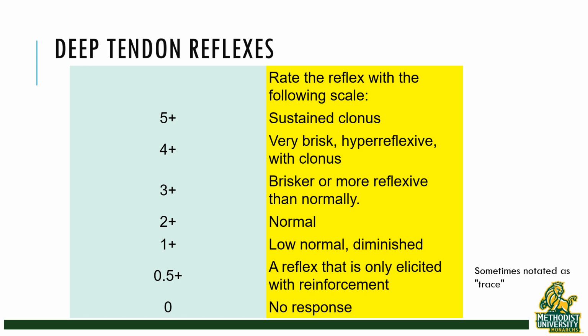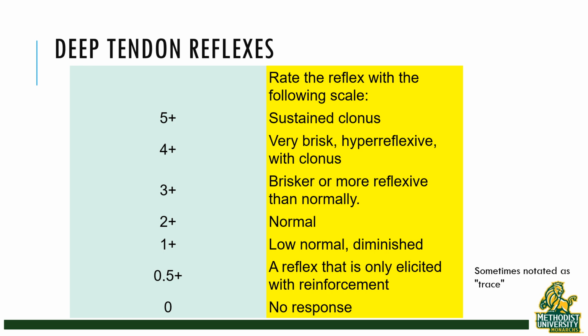Again, it's semi-quantitative. 2+ is a normal reflex. 3+ is a brisk reflex. 1+ is a low normal or diminished reflex. All of those can be perfectly normal. Some people are just a little jumpier than others. What's important is that it's consistent and specifically that it's symmetric.